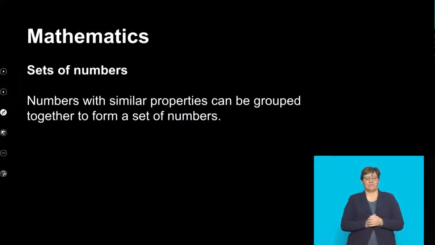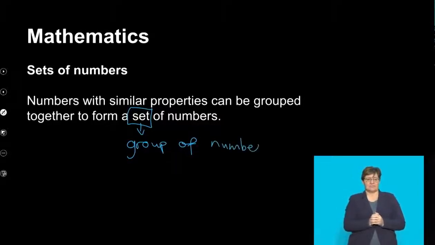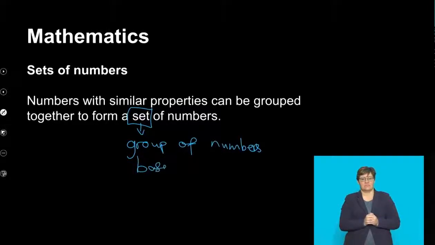Now, numbers with similar properties can be arranged or grouped together to form a set. The most important thing here will be a set. So a set means a group of numbers based on their properties.